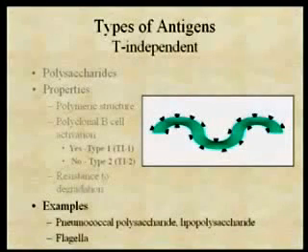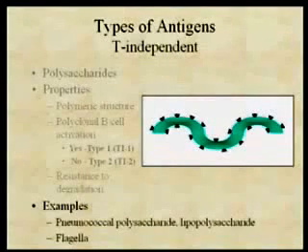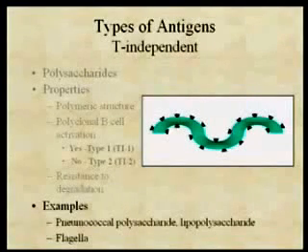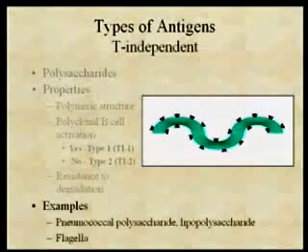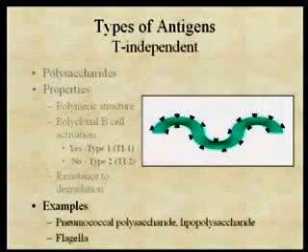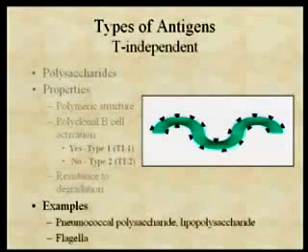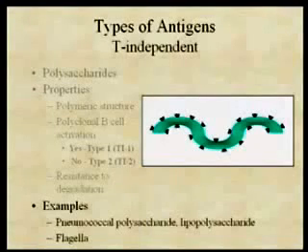All right, here are some examples. Obviously, the pneumococcal polysaccharides, lipopolysaccharide. So the polysaccharides are what you're going to see. Now, having said that, I don't want to leave you with the impression that proteins can never be T-independent. That's not true. Proteins can be T-independent antigens, and one example is flagella. The flagella are the locomotion organ of bacteria, and flagella are actually made by taking a protein called flagellin and polymerizing it. So flagella is nothing else but a polymerized form of flagellin.